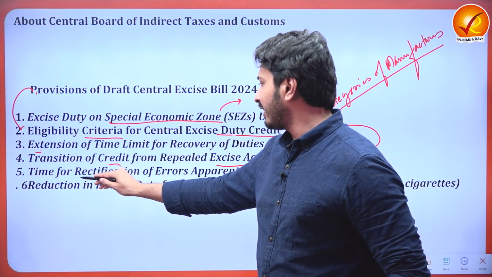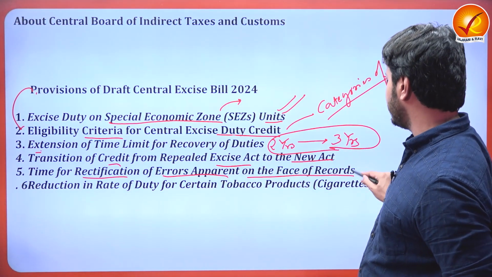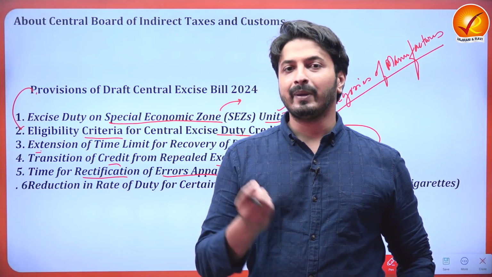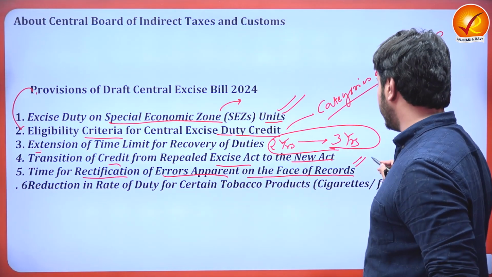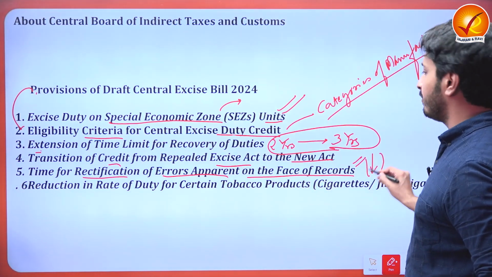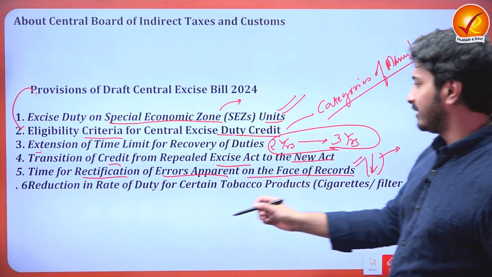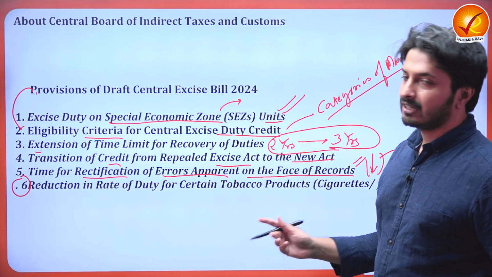And the time for rectification of errors apparent on the face of records, it means that if there is a mistake with respect to the maintenance of the data, the bill has reduced the amount of time for the rectification of the errors. And the sixth important point we need to note here is the reduction in the rate of duty for certain tobacco products.